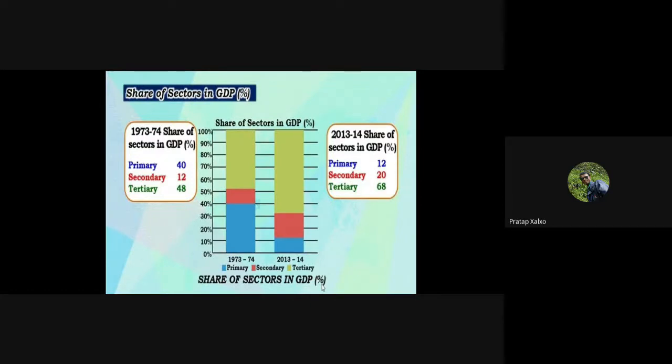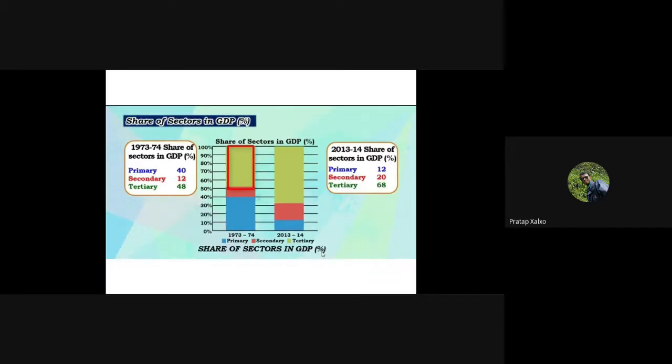Now, if you see the share of GDP by sector in 1973-74, initially it was primary sector 40, this is the percentage, secondary sector 12% and tertiary sector 48. Again, in the year 2013-14, the primary sector came down to 12, which was a good sign because in any developed country, the primary sector is just within 5%.